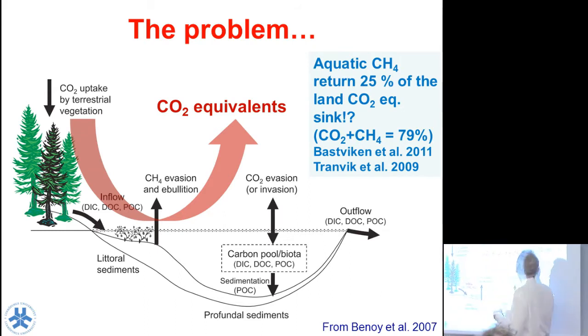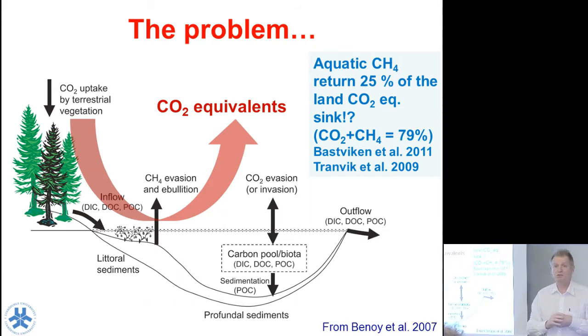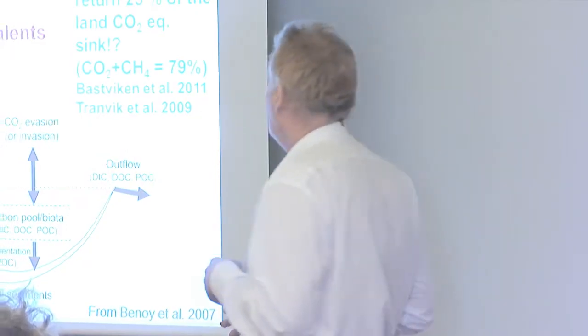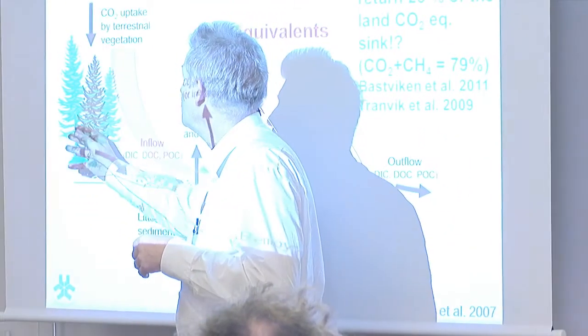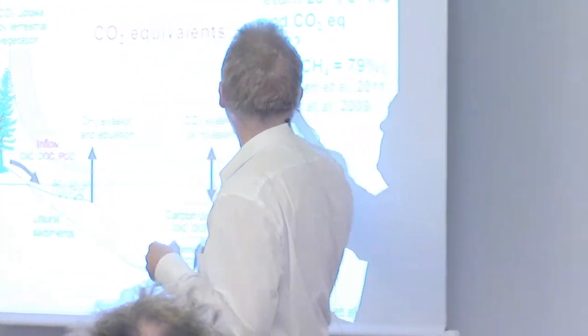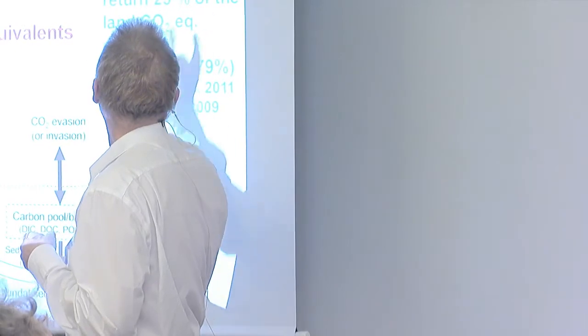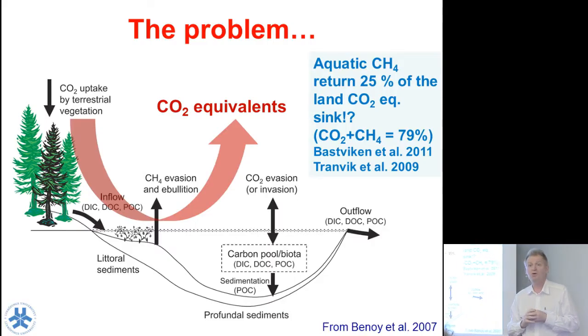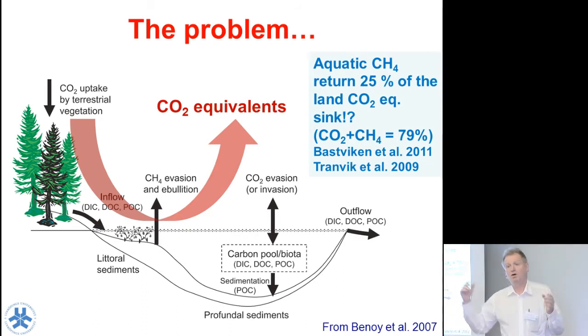So if we have a source here, it is not a problem compared to the sink. However, it is a major problem when we ask how we manage the land and how we handle this transport out of the ecosystem. Then we need to know this. More problematic is the methane, because that we don't have calculated into the CO2 budget. It goes into the methane budget, and then we talk about other mitigation actions.